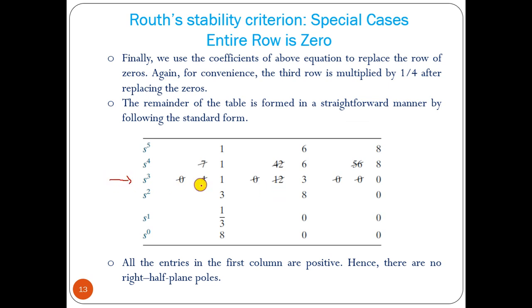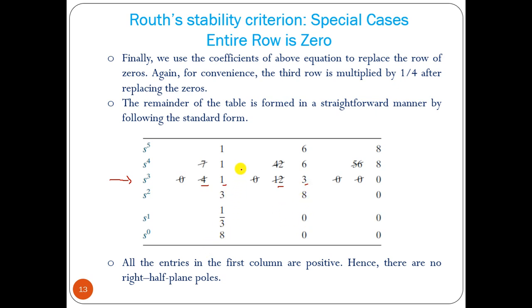We can divide by 4, so we get the values 1 and 3. Now we can solve the rest of the values. So 1 into 6 minus 3 by 1, 3. 1 into 8, so it will be 8. Now 3 into 3 minus 8 by 3, and this will be 0, and this will be 8.